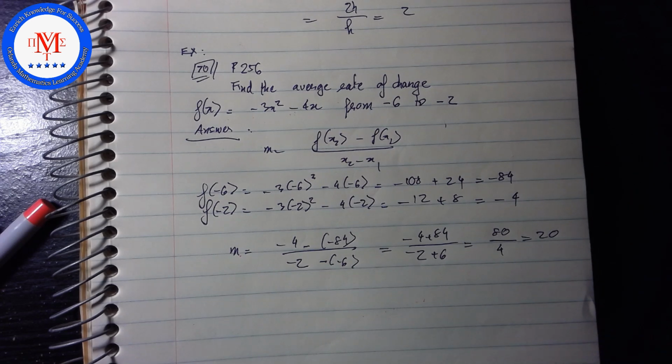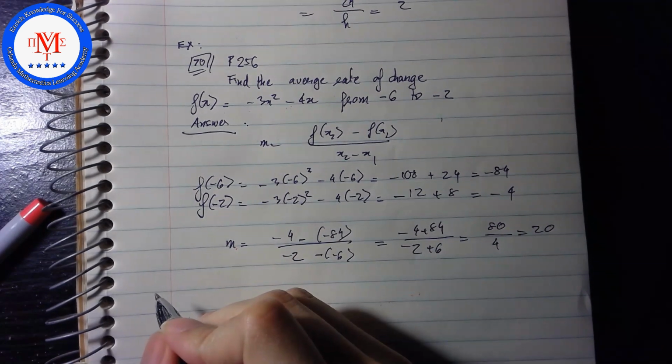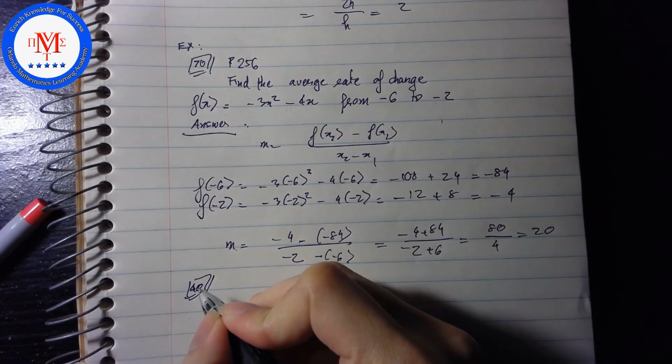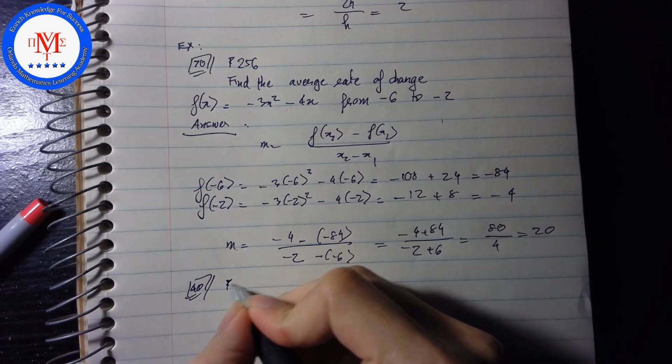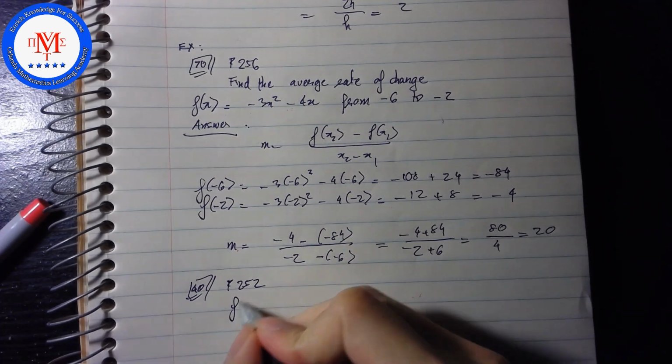How about we do number 40, page 252. Okay, and we want to sketch the function one half cube root of x plus 3, plus 4.